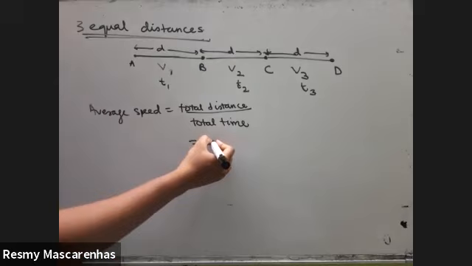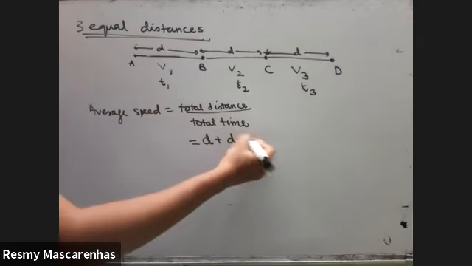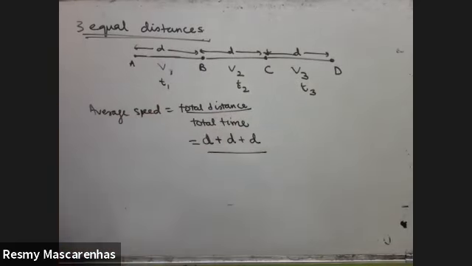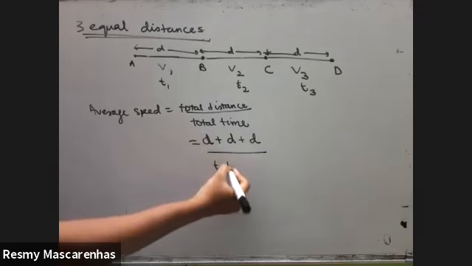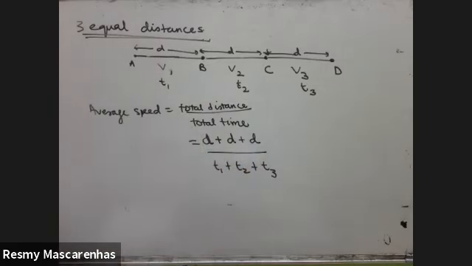So this will be D plus D plus D. Total time will be T1 plus T2 plus T3. Again, over here also velocities will be given. I want the answers in terms of velocities, so convert that.